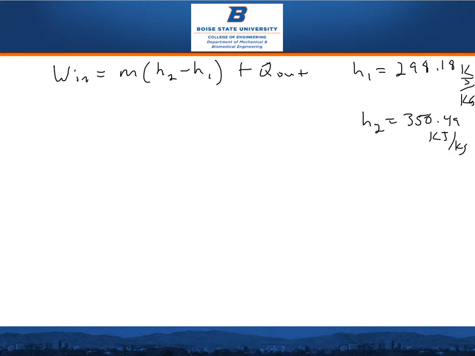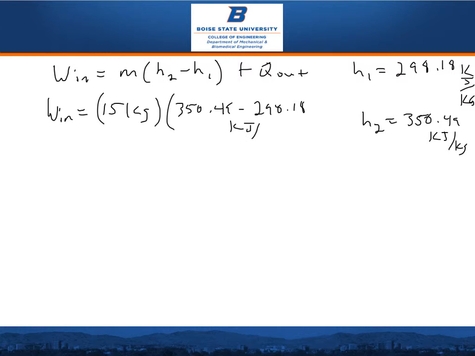So now I think we've got everything we need to plug in some numbers here. So work in equals 15 kilograms times H2 minus H1, so 350.49 minus 298.18, and that value is kilojoules per kg, plus Q out, which we're told is 60 kilojoules.